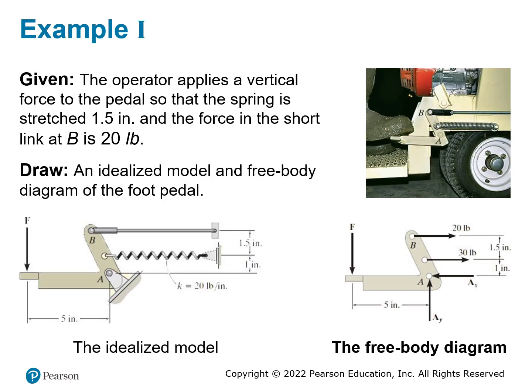Let's use an example to explain this. We're given an operator that applies a vertical force to the paddle, so the spring is stretched by 1.5 inch. Spring gives you a spring force, which is equal to K times the change of the length. The force in the short link at B is 20 pounds.